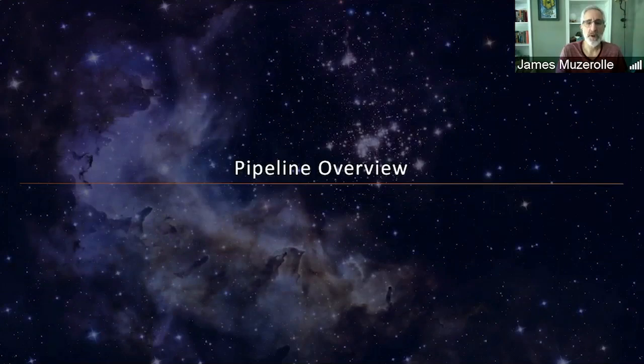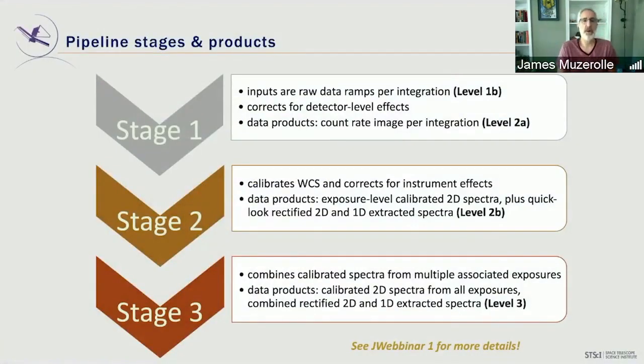And now just a really quick overview of what the pipeline is doing. Joe already described what happens at stage 1, which produces as a data product a count rate image per integration, or averaged over multiple integrations.